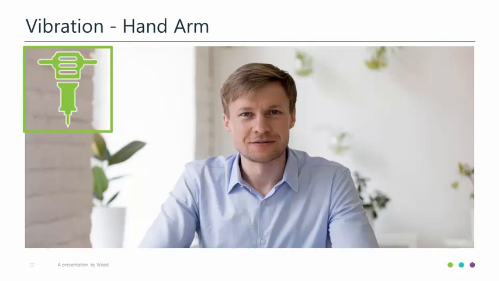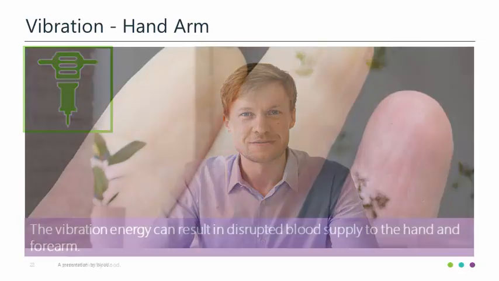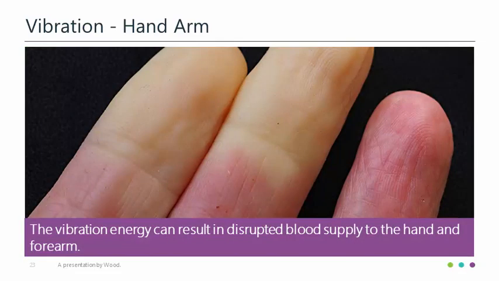Regular exposure to hand-arm vibration can result in a range of injuries, which are known collectively as hand-arm vibration syndrome, or HAVS. This all-encompassing term is used to describe the various signs and symptoms that can occur from hazardous vibration exposure. The vibration energy can result in disrupted blood supply to the hand and forearm.